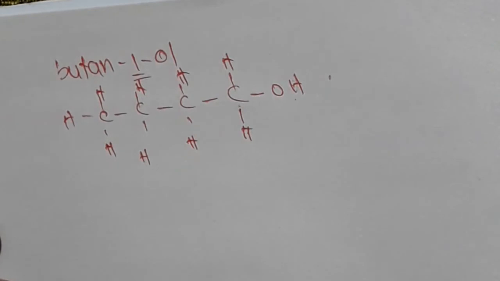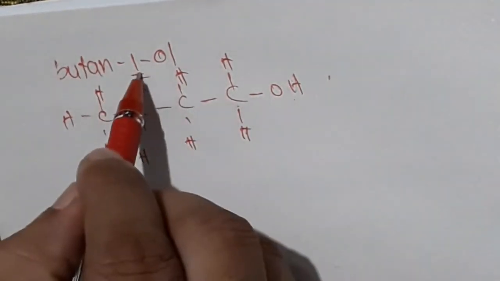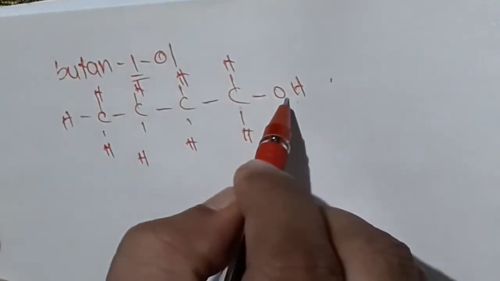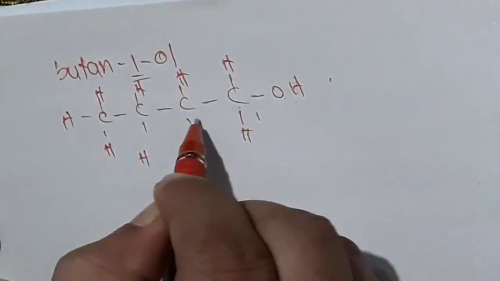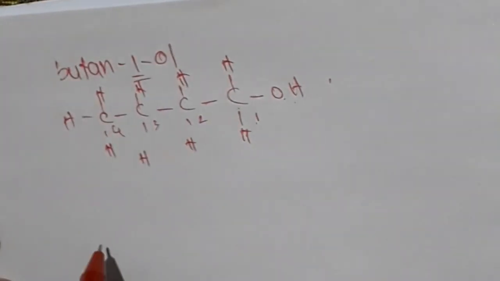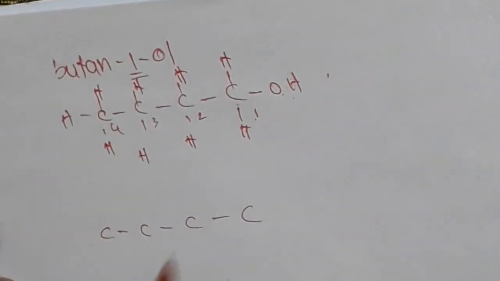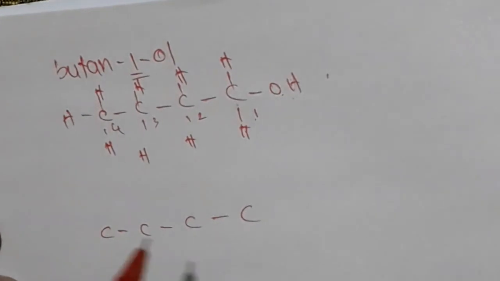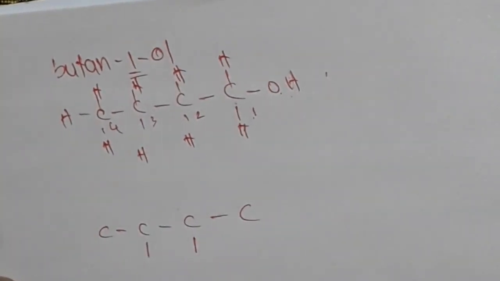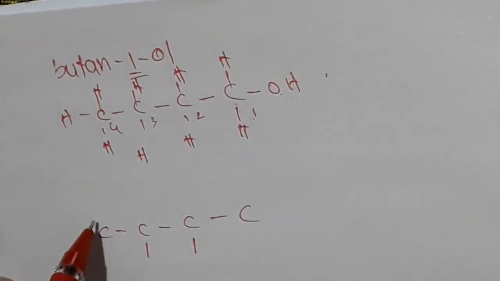Okay, so let us see how to draw an isomer for butane 1-ol. This is butane 1-ol because the OH is in the first carbon: 1, 2, 3, 4. Look here, another isomer, 4 carbon. You can draw OH here or here, anywhere, but not over here.